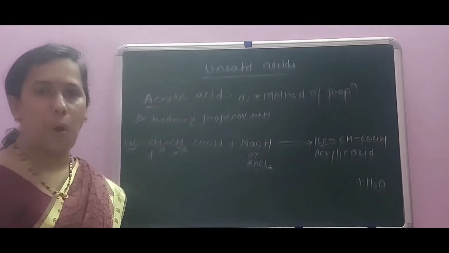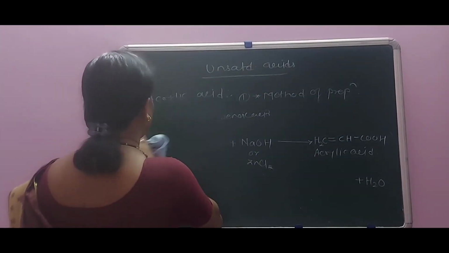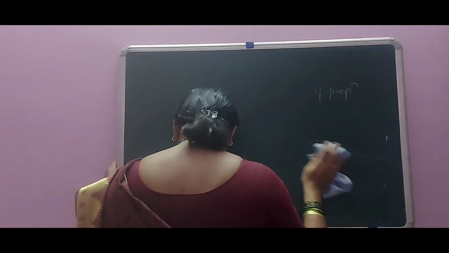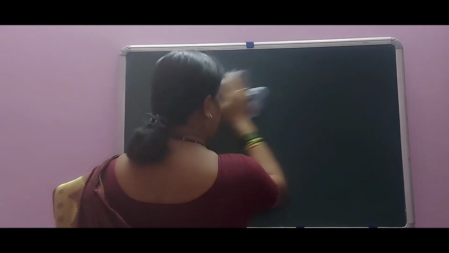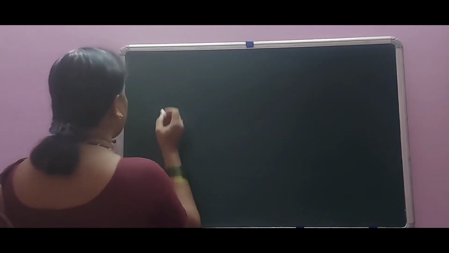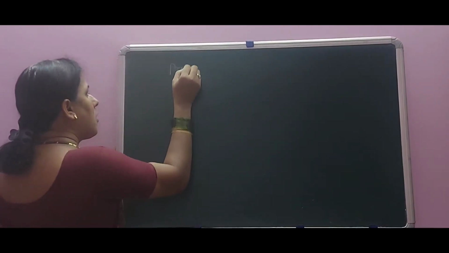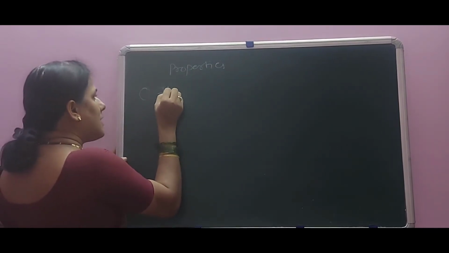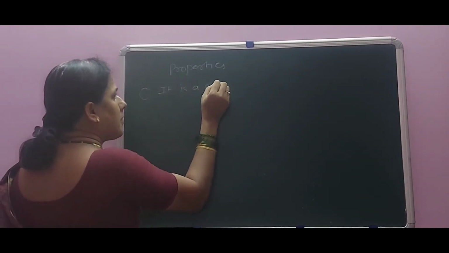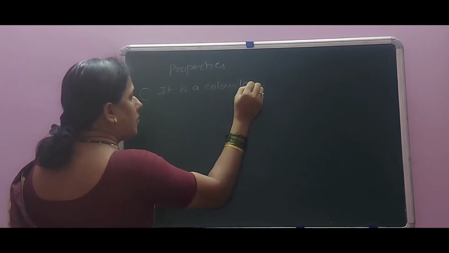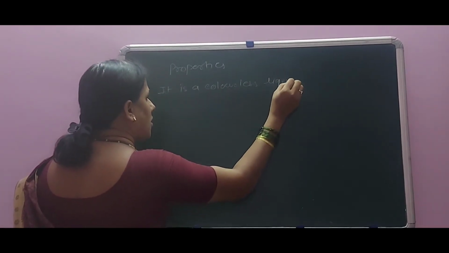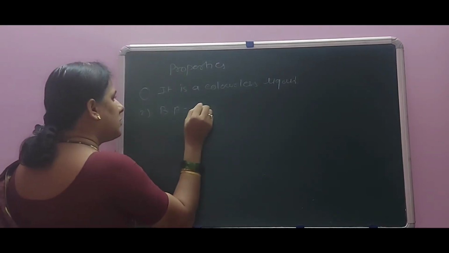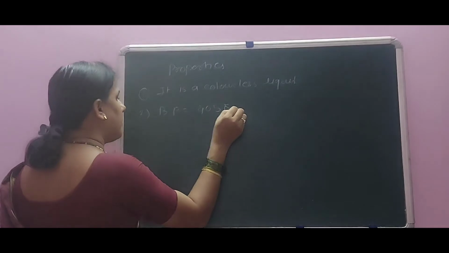Now, going to its properties. What are the properties of this acrylic acid? Properties first: it is a colorless liquid. Its boiling point is 405 Kelvin.